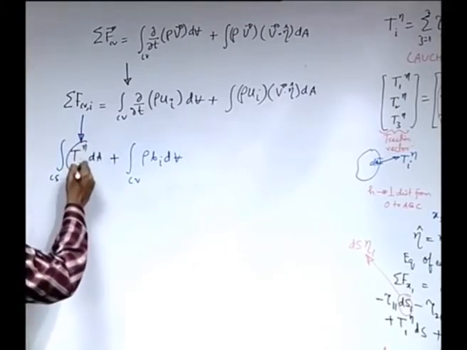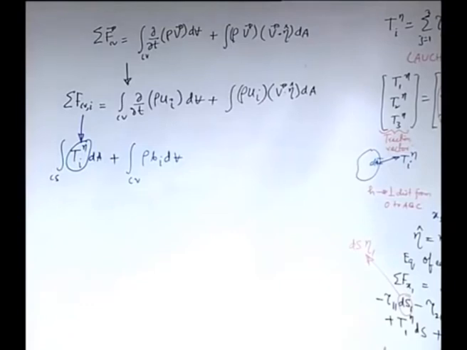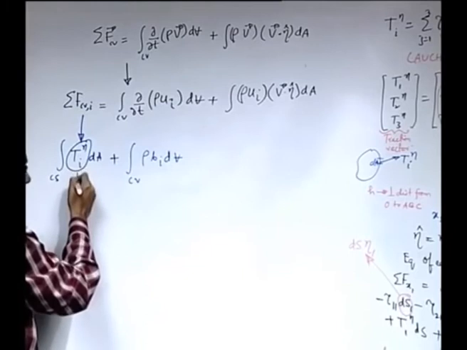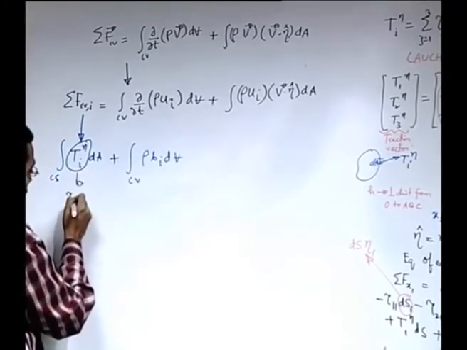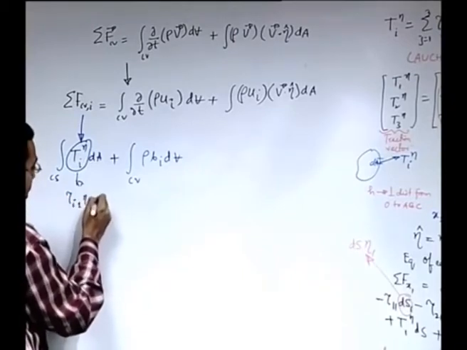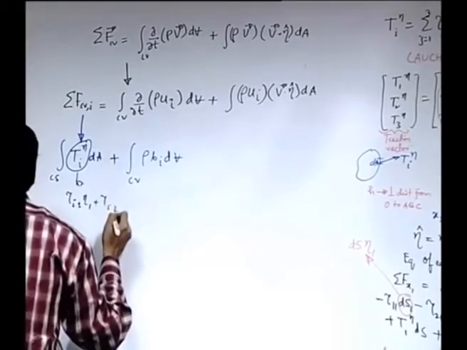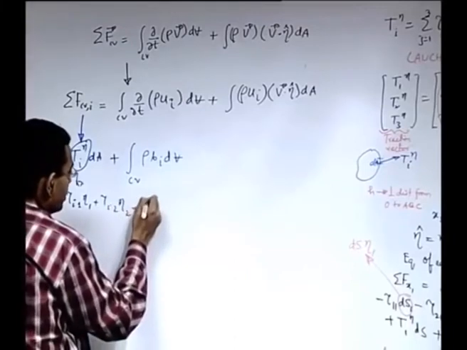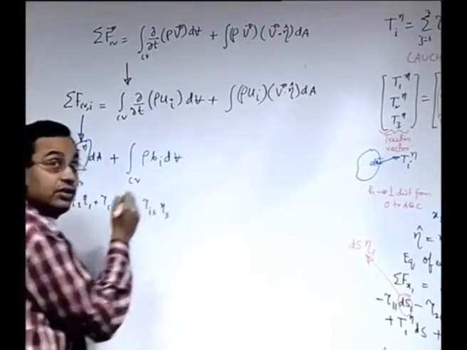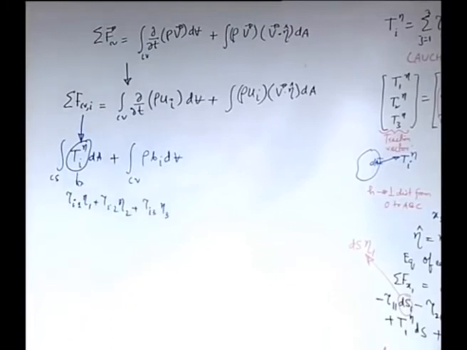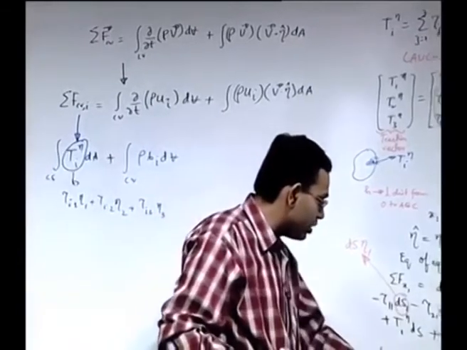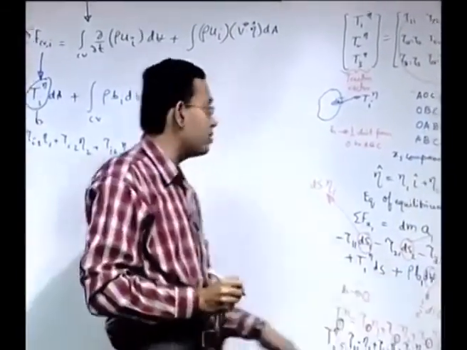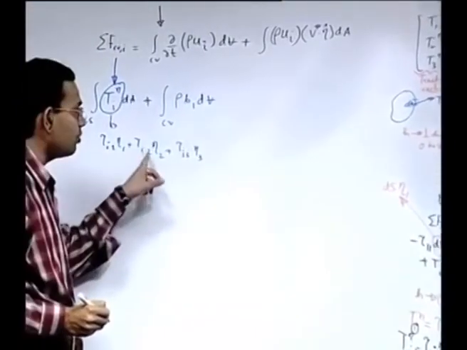Now, what we can do is write this as, we have just seen the expression of this, that is tau i1 eta 1 plus tau i2 eta 2 plus tau i3 eta 3. We had written tau 1i, tau 2i, tau 3i, but because tau ij is tau ji, we have written tau i1, tau i2, tau i3.